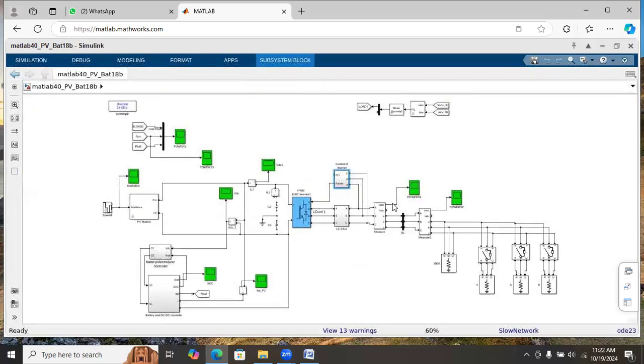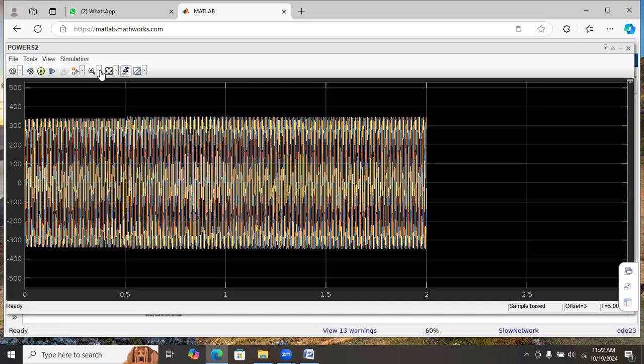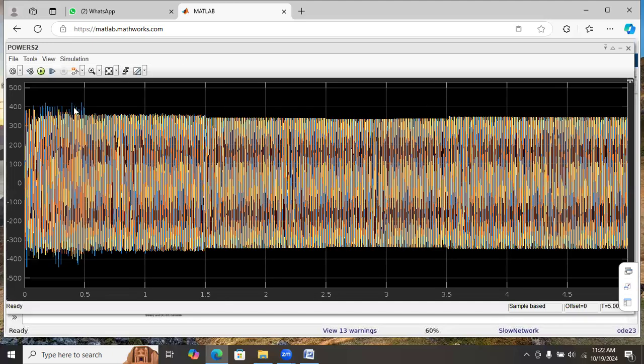So based on the load requirement and the actual voltage, the pulses will be generated and provided to the inverter. So the inverter will control the output voltage. Irrespective of the changes in the radiation and the load demands, the inverter voltage is constant here.